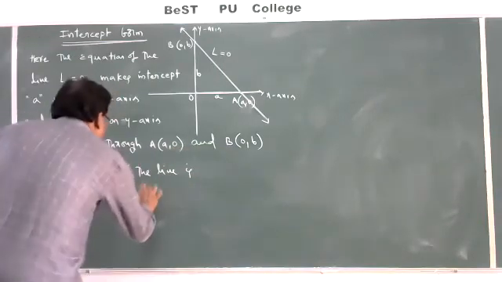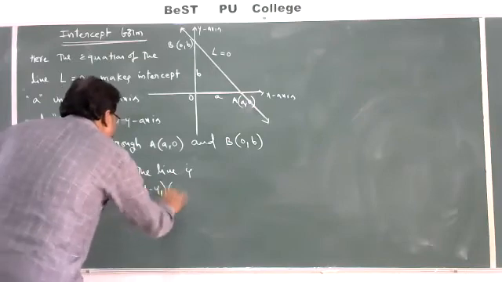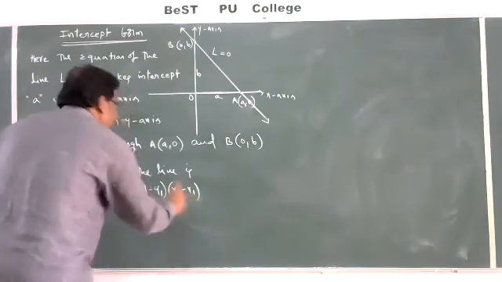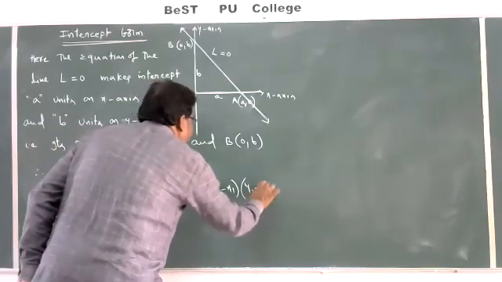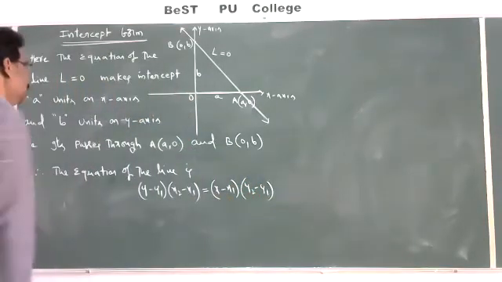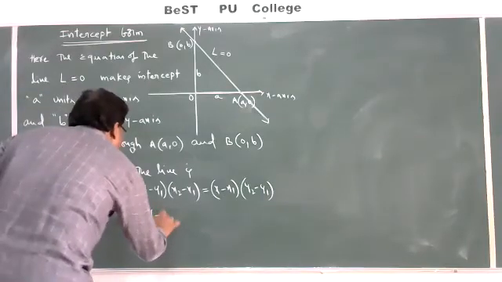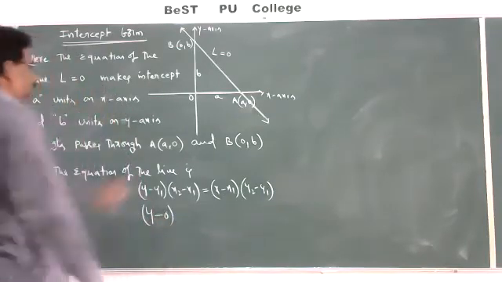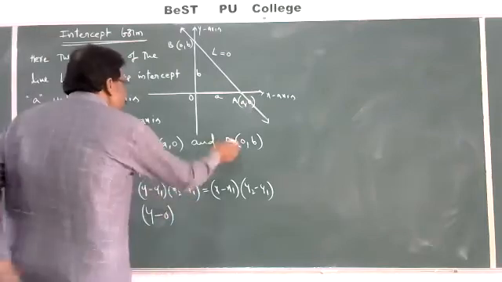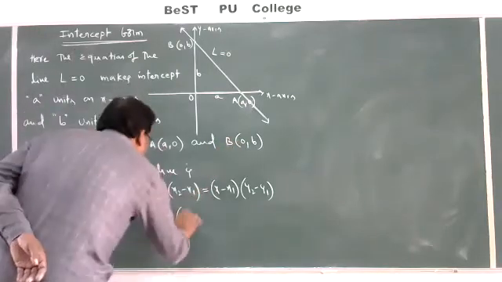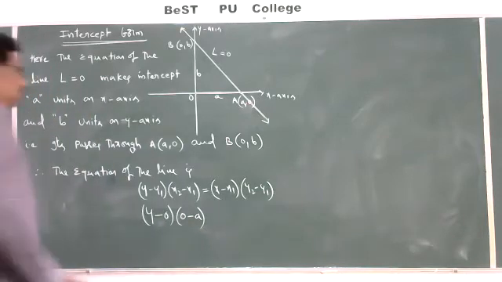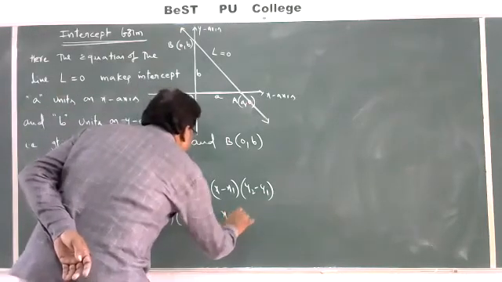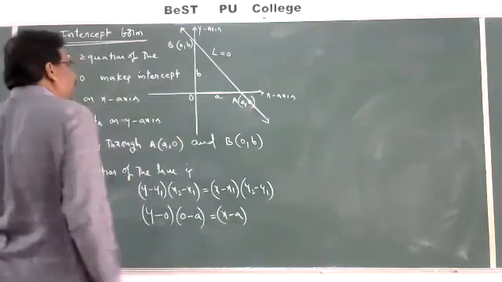Substitute in the formula y minus y1 into x2 minus x1 is equal to x minus x1 into y2 minus y1. So y minus 0 into x2 minus x1, here x2 is 0 minus x1 is a, is equal to x minus a into y2 minus y1.